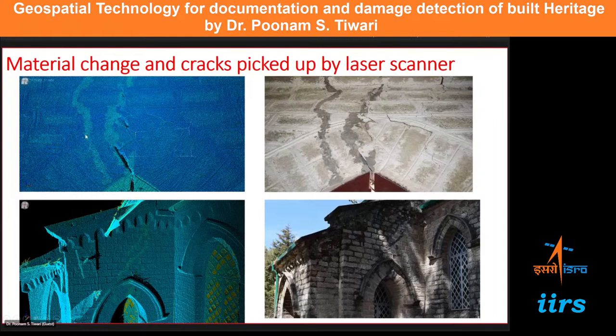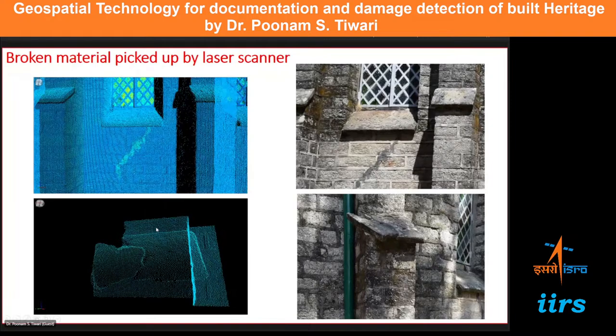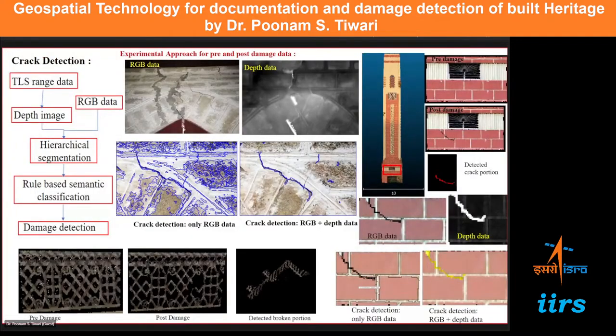So this material is coming out so nicely in the terrestrial laser scanner. Okay, here also you can see this is material which was not there originally. Change of material is picked out by the laser scanner. Okay, you can also find out where exactly the cracks are.